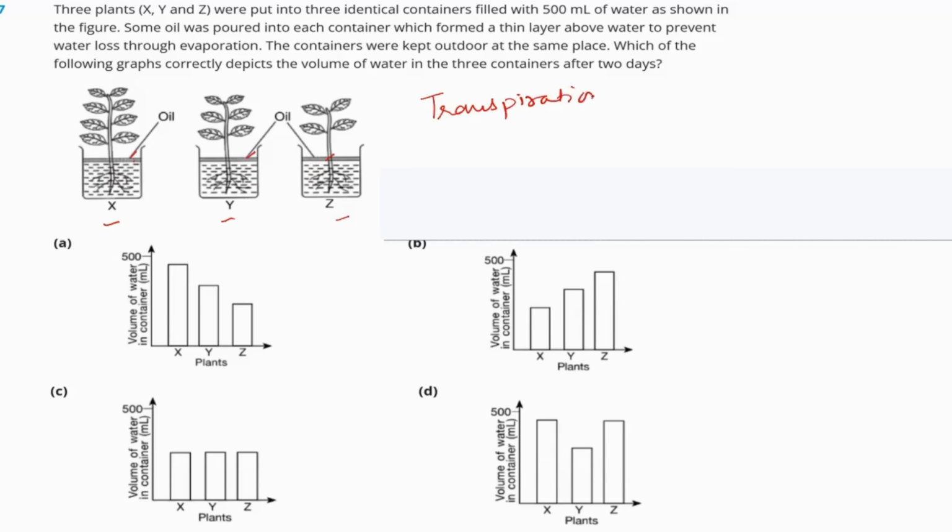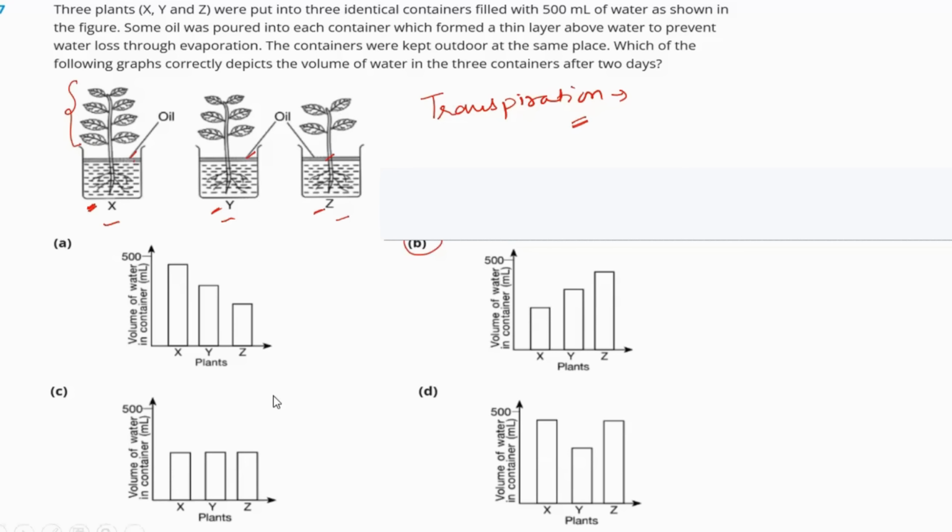Transpiration is when, after photosynthesis, some water goes out from the plants into the atmosphere. So the more leaves there are, the more transpiration, and the more water is consumed. Less water would be in the container of X than Y and Z, because the number of leaves is less in setup Z. If we see that, option number B would be our correct explanation.